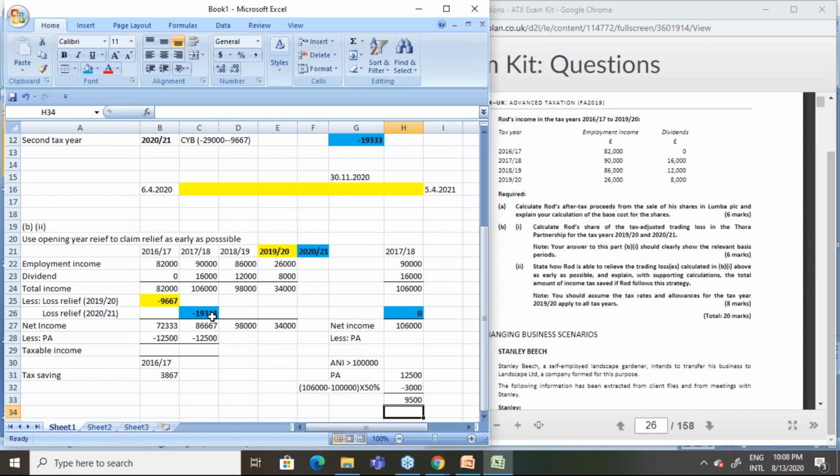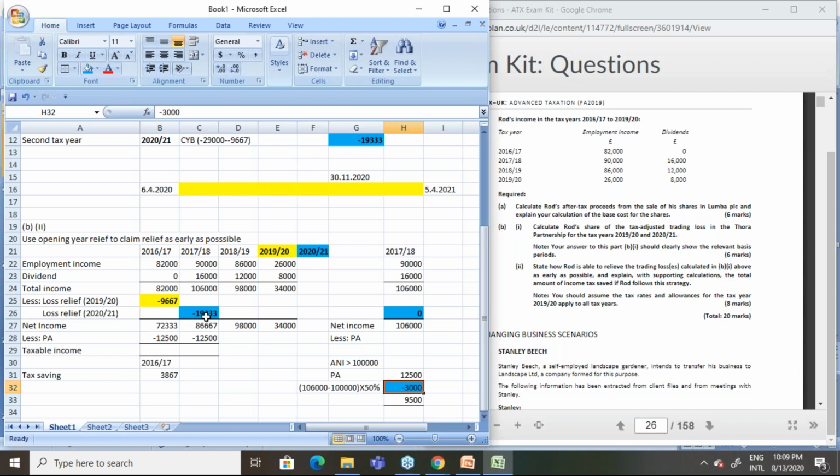Without this loss relief of 19,333, my adjusted net income would have been 106,000, and as a result, the personal allowance would have been reduced by £3,000. Now, because of the loss relief claim, I have received two benefits. One is my taxable income came down by 19,333. At the same time, I was able to secure the full personal allowance, otherwise it would have been reduced by £3,000.